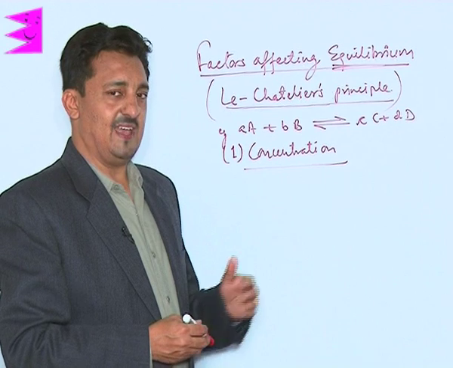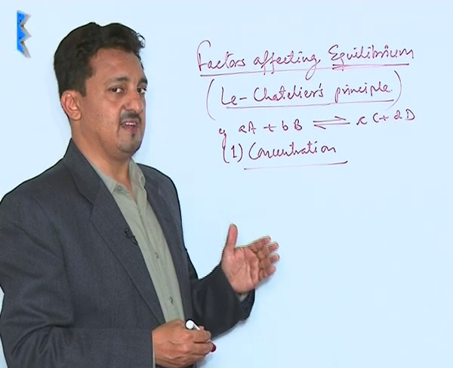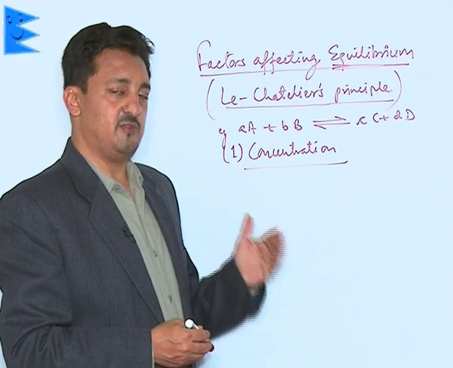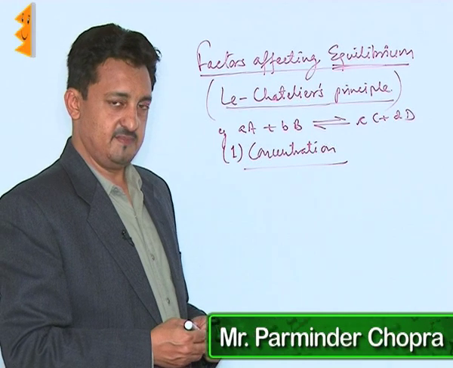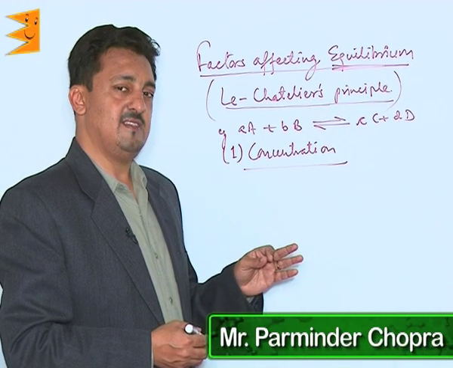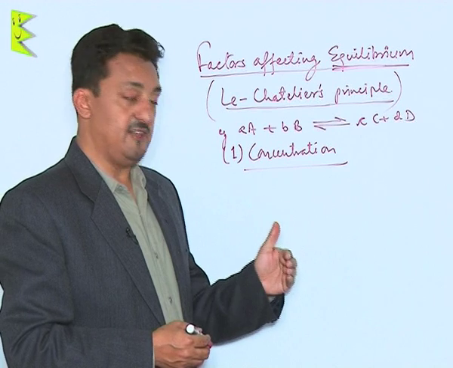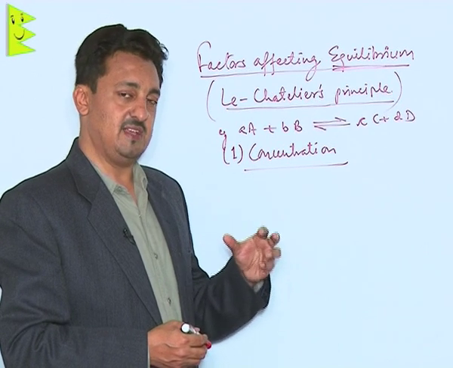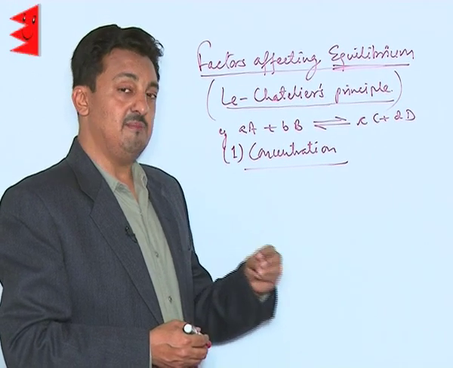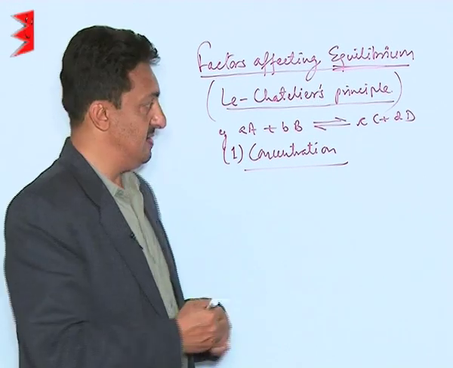Now let us understand the first factor, concentration, and how it affects the state of equilibrium. The concentration for any reaction which is at the state of equilibrium can be changed in two ways.